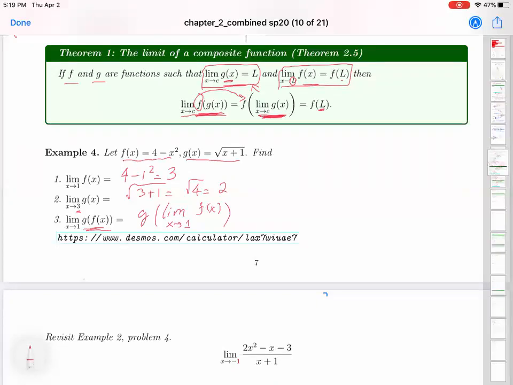Using the theorem, we can pull the function g out and then find the limit of f of x as x goes to 1. The limit of f of x as x goes to 1 exists, which equals 3. And also the limit of g of x as x goes to 3 equals 2. That lets me know that the limit of this function will be equal to 2.